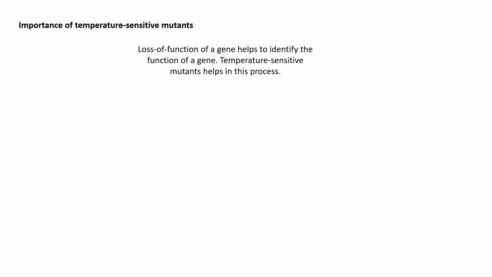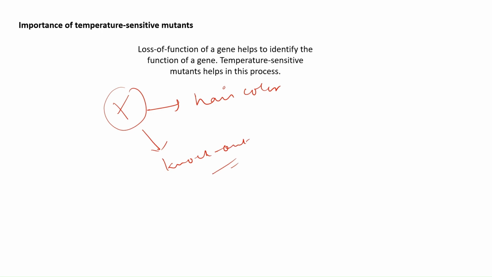Now, what is the importance of temperature sensitive mutants? Let us see how any particular gene function is determined. Say, for example, a gene X is present, which is responsible for, suppose, hair color. Now, how can we find that this X is responsible for hair color? What we can do is knock out this X gene, or somehow make this X gene non-functional.